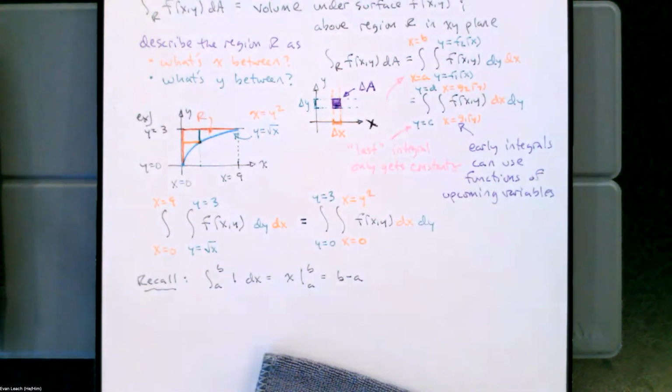So the integral from a to b of 1 dx is x. That's the antiderivative evaluated from a to b, and then we substitute in b and a and subtract to get b minus a. The important thing that we want to notice about this is that when we integrate the function 1 over an interval on the x-axis, we get the length of that interval.